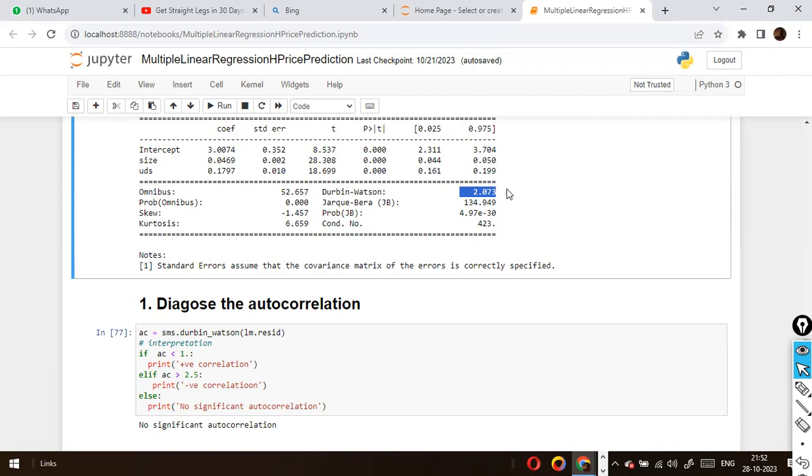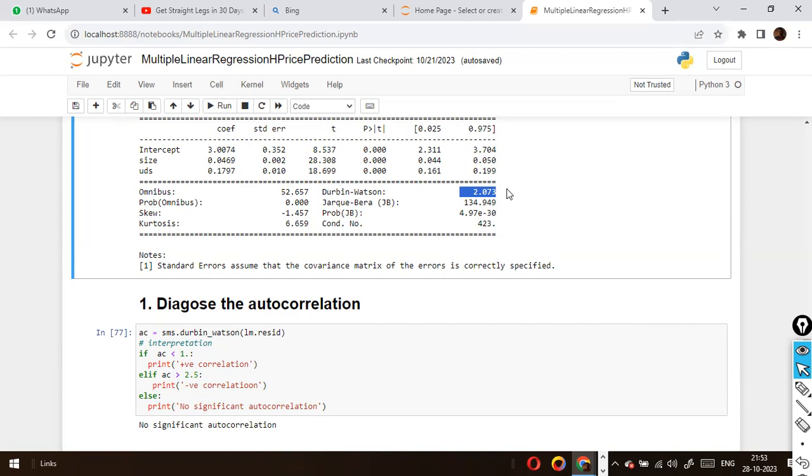This is one of the linear regression assumptions, right? How many of you remember it? The Durbin-Watson test is helpful to check whether any correlation exists between one error and another error. That is what the Durbin-Watson test tells us.